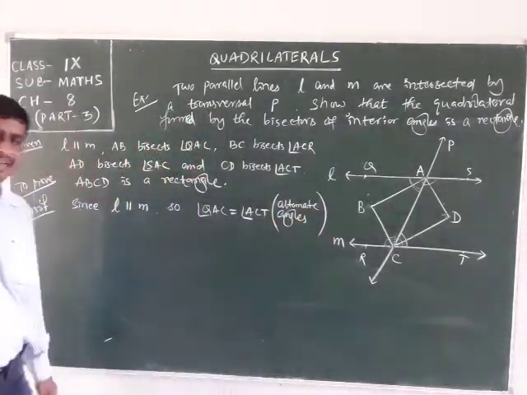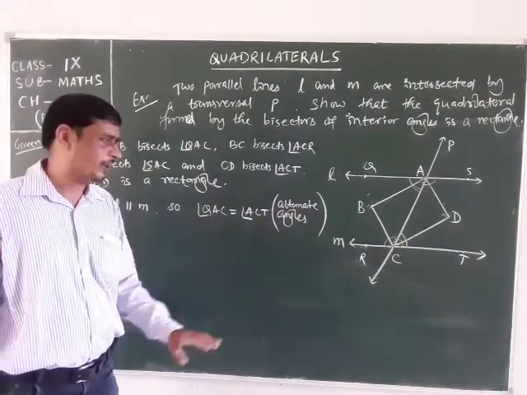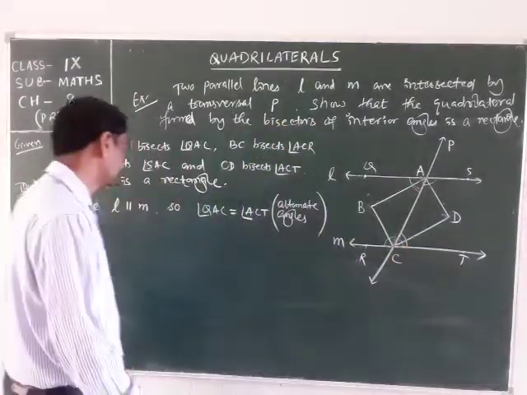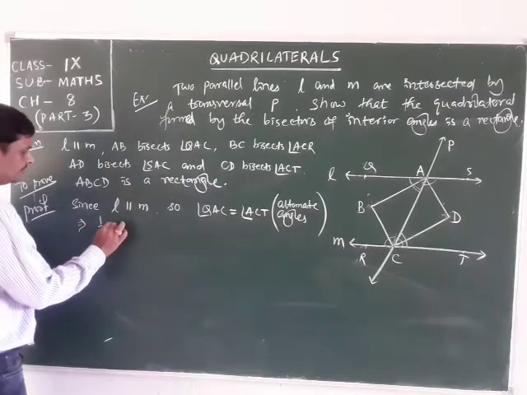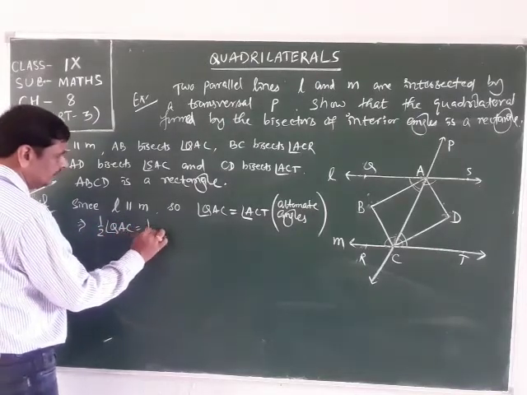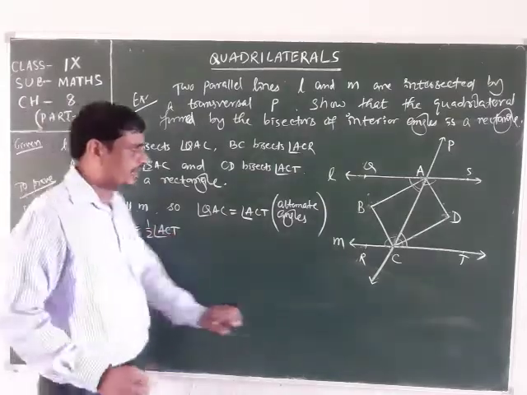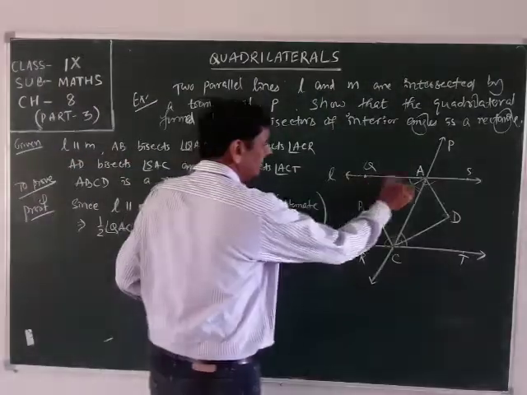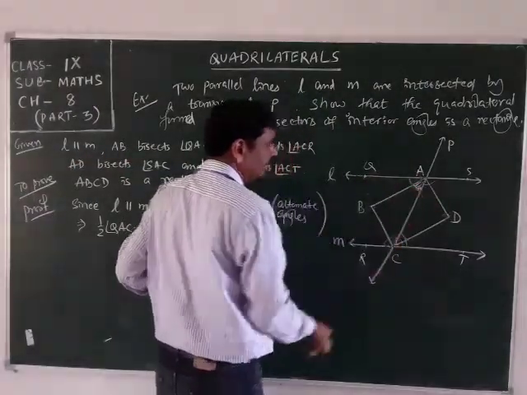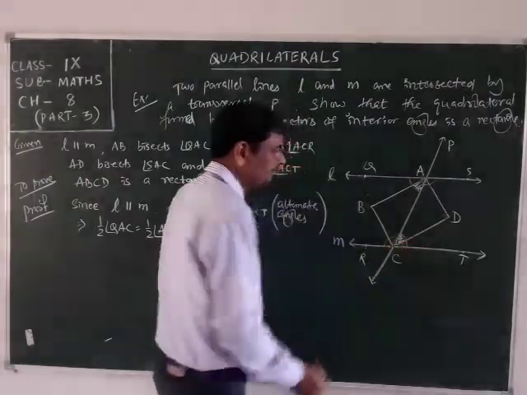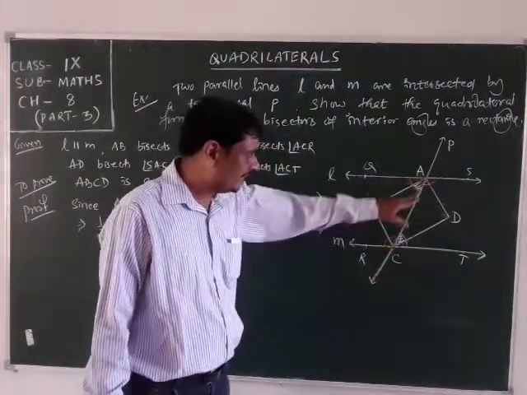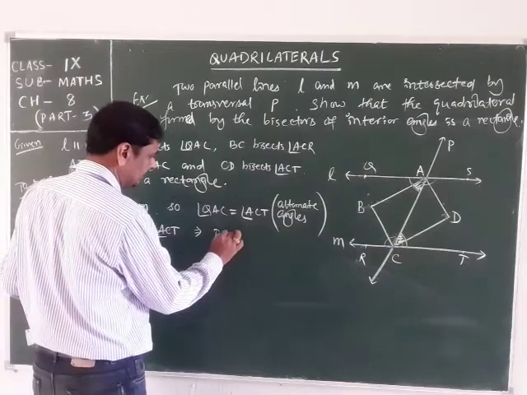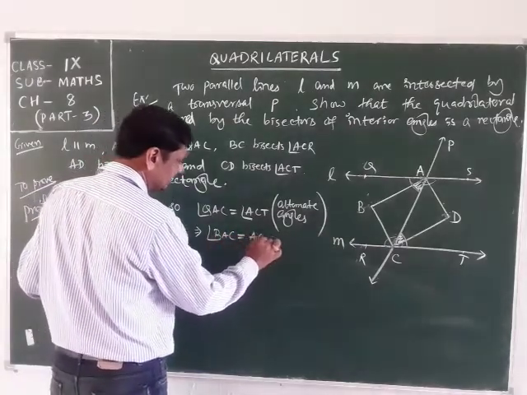In the case of parallel lines, alternate angles are equal. This implies half of QAC is equal to half of ACT. Half of QAC is this angle, and half of ACT is this angle. So angle BAC is equal to angle ACD.